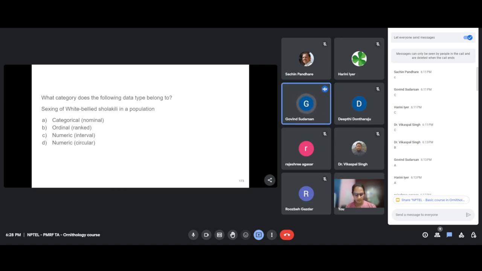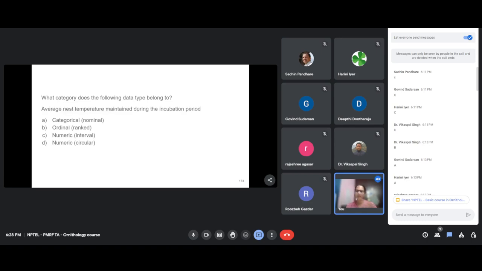I want to mention that in circular numeric values, the values are limited so that they often circle back to the original starting point. Right, so they repeat themselves. So gender or sex, male or female, is categorical data.